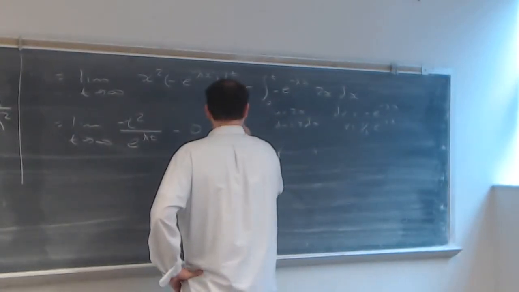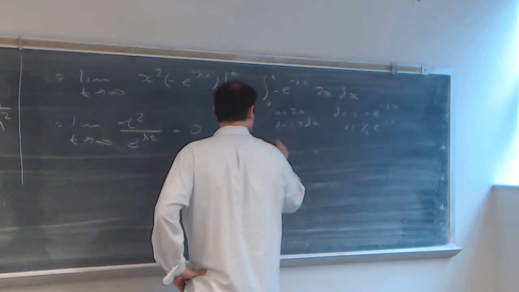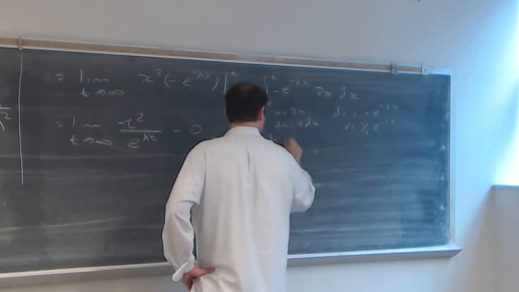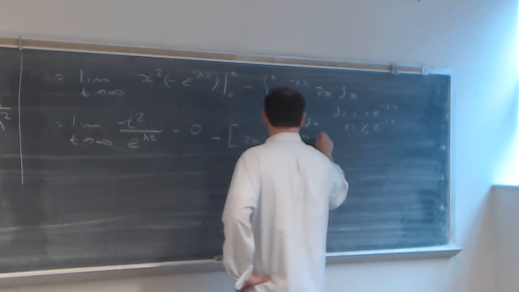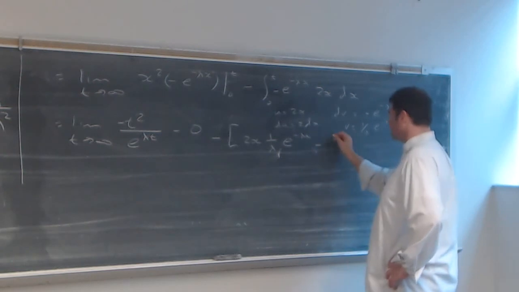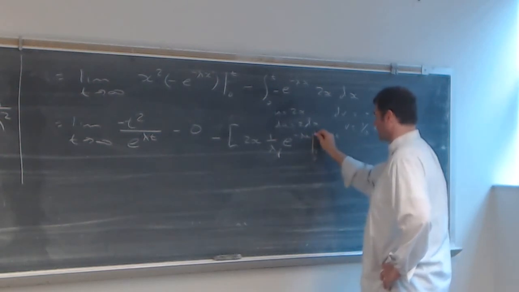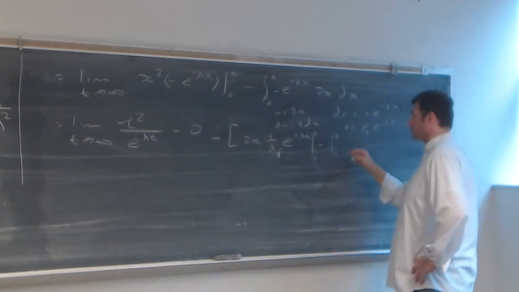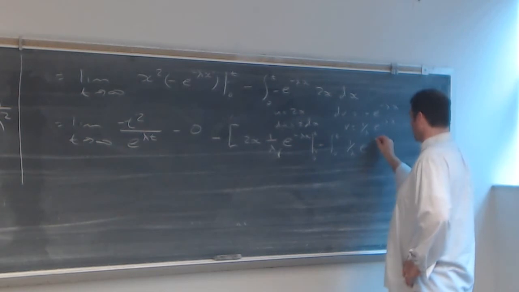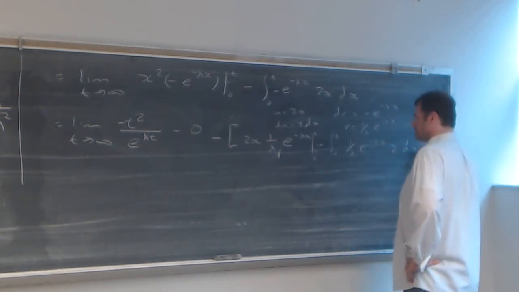It's minus uv, so I'd write down 2x times 1 over lambda e to the minus lambda x, minus the integral of v du. Remember, this has got to be evaluated from 0 to t. Minus the integral from 0 to t of v, which is 1 over lambda e to the minus lambda x, du is 2 dx.